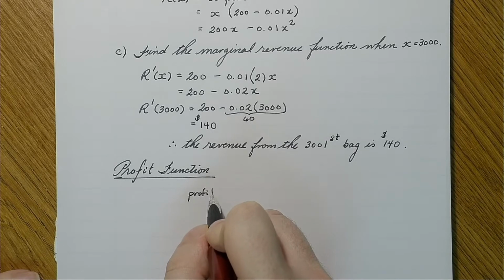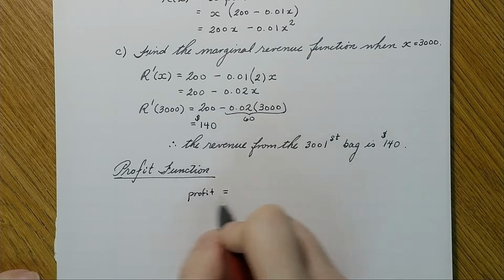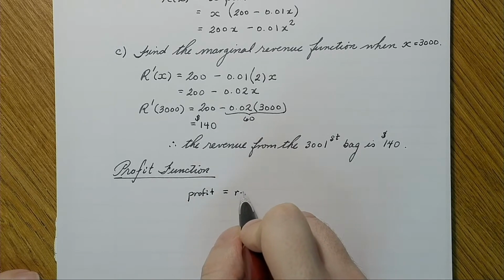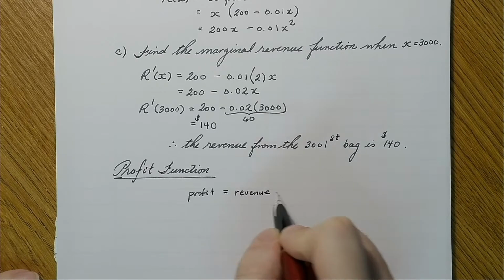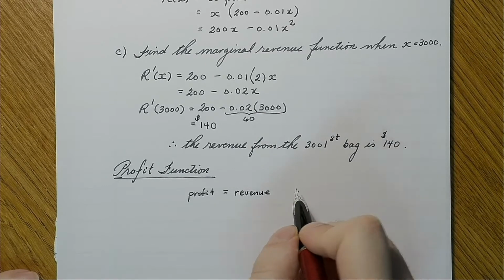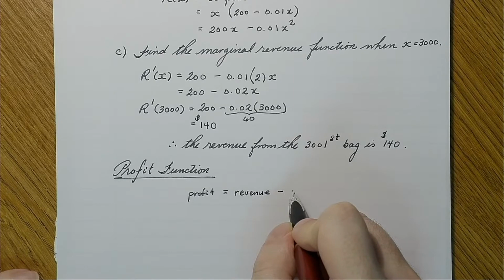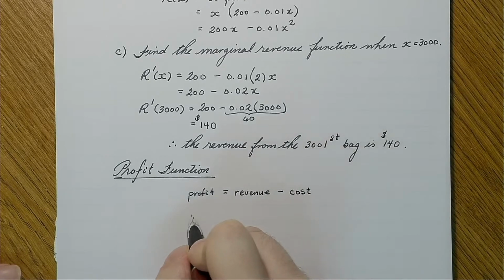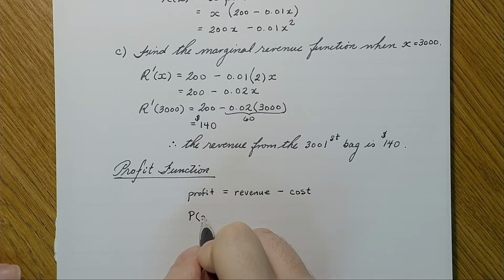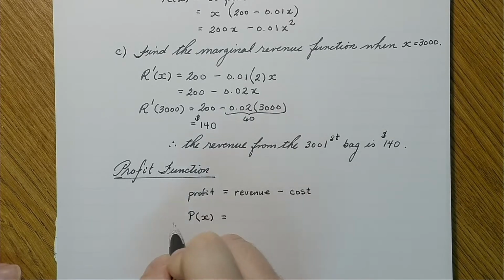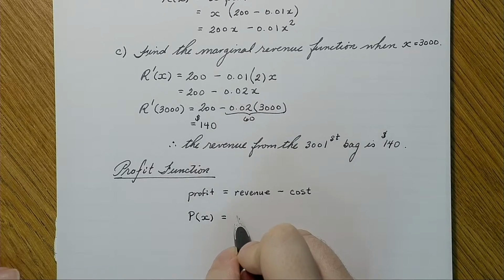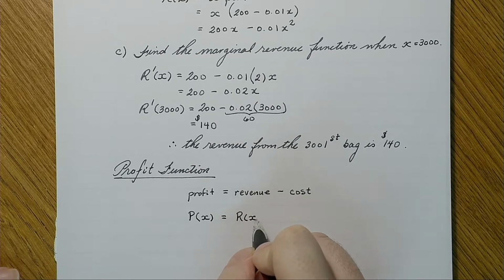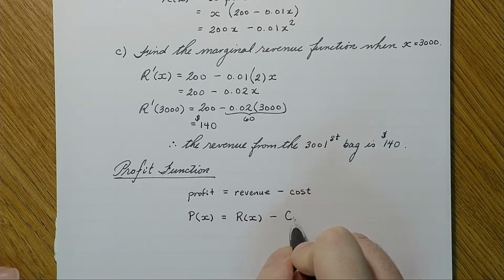So it's our big bag of money that we've collected from the customer, and then we have to pay our costs. I'm going to use a capital P for profit, and then we have a revenue function minus our cost function.